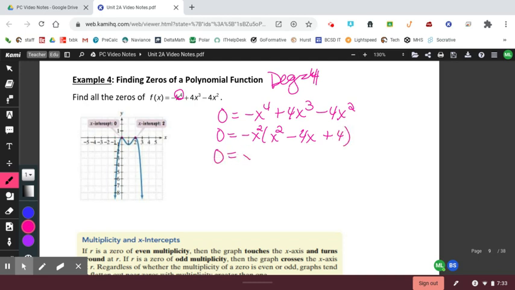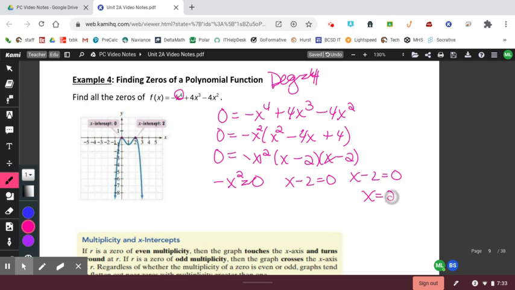All right, that trinomial can be factored further into x minus 2, x minus 2. So if we set these equal to 0, x squared equals 0, x minus 2 equals 0, and x minus 2 equals 0. So you get x equals 2 twice, and we'll discuss that in a second.